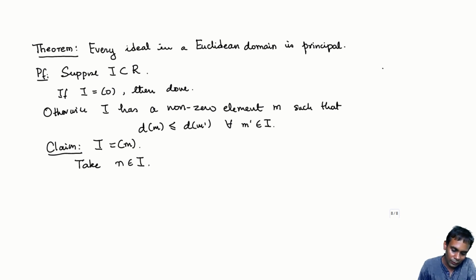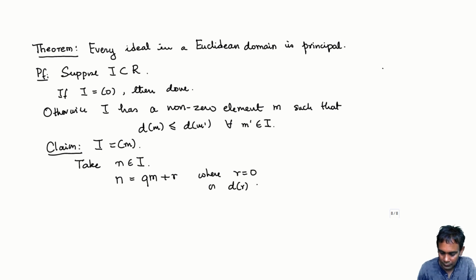Now by the Euclidean algorithm, n is equal to qm plus r, where either r is 0 or d(r) is less than d(m). But if r is 0, then we are already done, right? Because we are just saying that n is q times m.